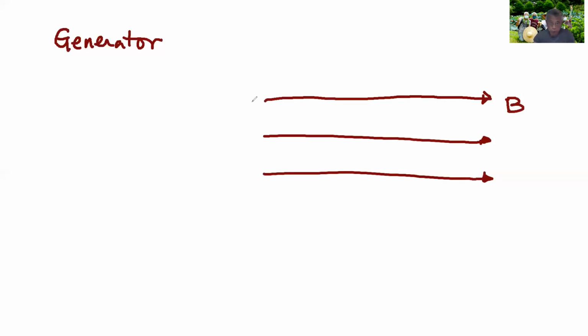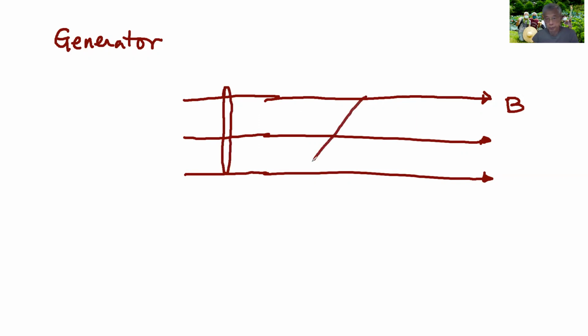So I'm going to draw it in 3 different orientations. Sometimes the hoop is going this way, and sometimes the hoop is going this way, and the other time the hoop is going this way.